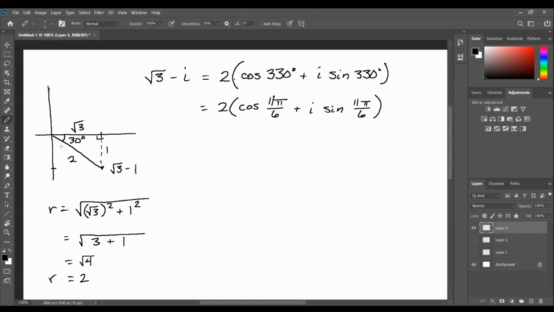We do have to make sure that we're not using the 30. That was just a reference angle. The actual angle itself started here and rotated all the way around to there. That's our 330. If I had just put 30, it would have put me up here in the first quadrant. So I do need to make sure I use the actual angle and not just the reference angle when I'm typing into this format.